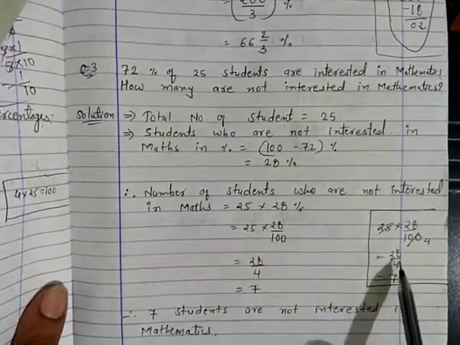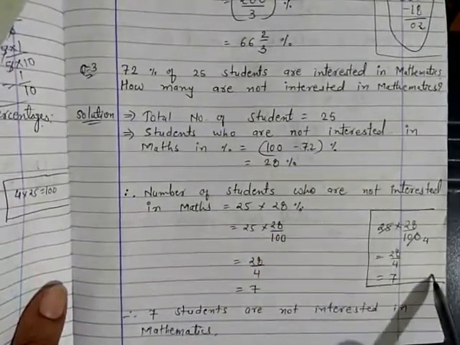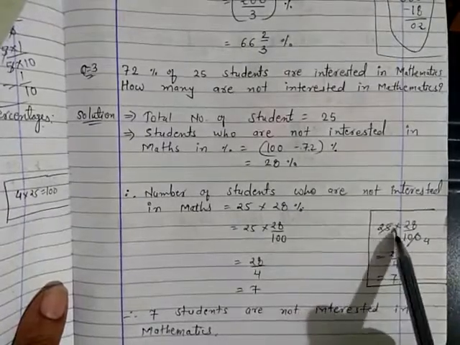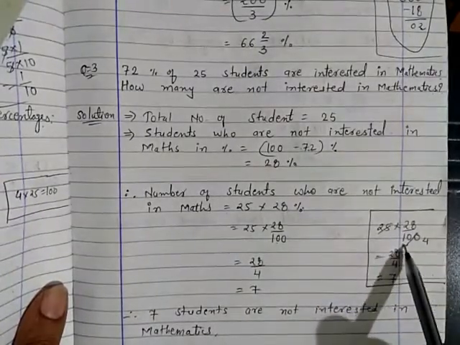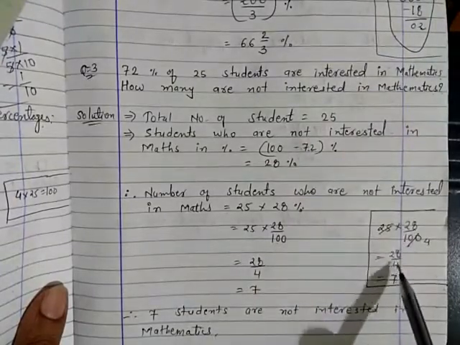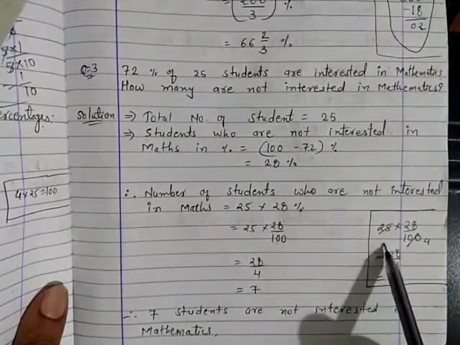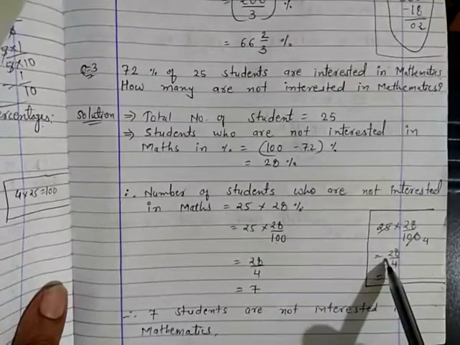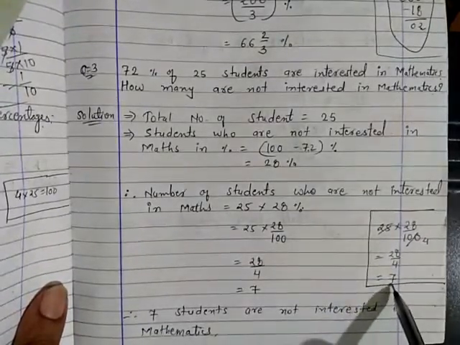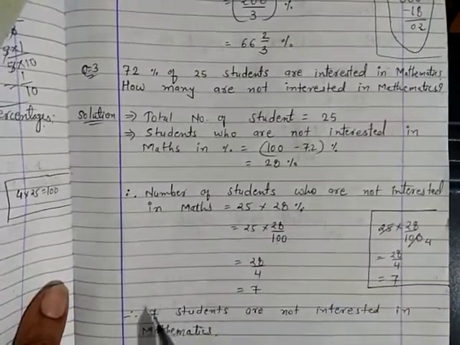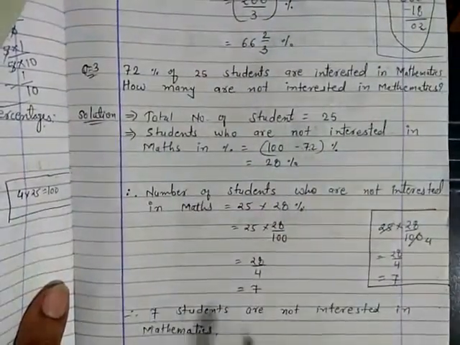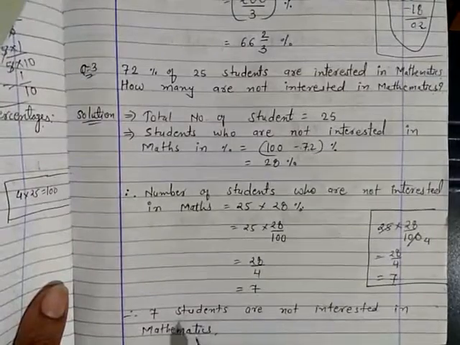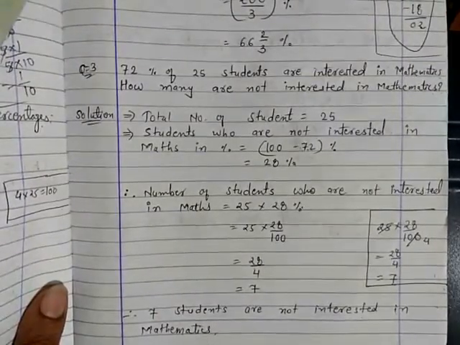See here, you can see the rough calculation is done here. 25 multiplied by 28 upon 100. 25 fours are 100, right? So 28 upon 4. Again, 4 sevens are 28. It is reduced. So which number is remaining? 7. So out of 25, 7 students are there who are not interested in mathematics. Clear, students? Understood?